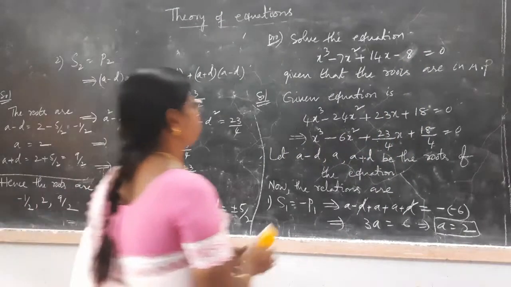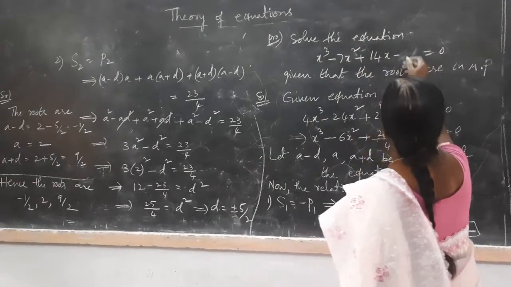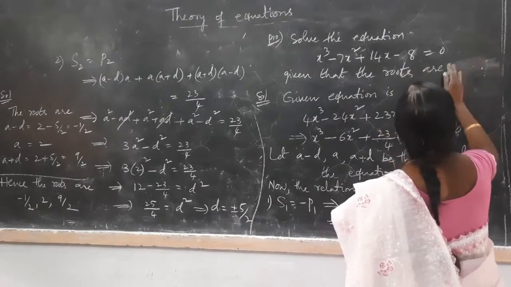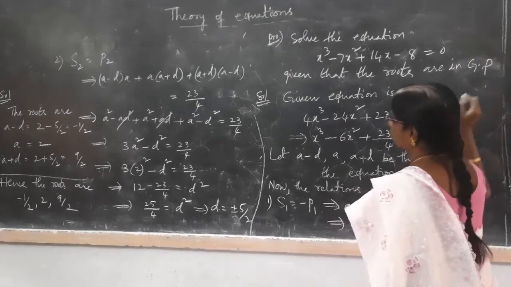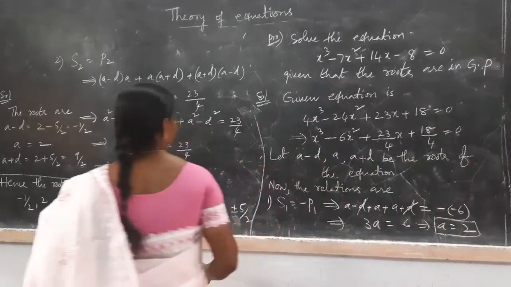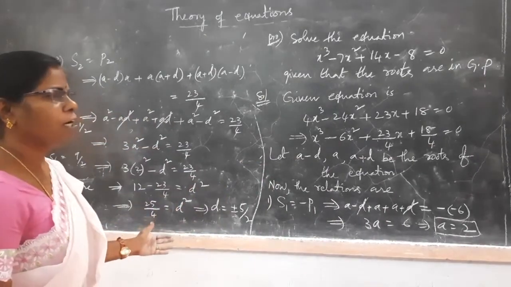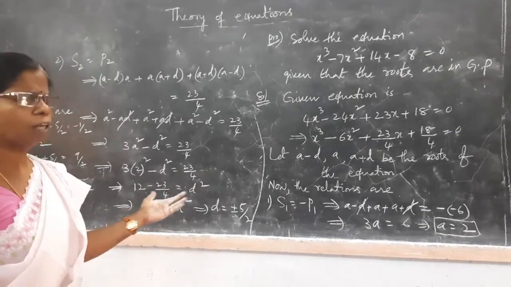Solve the equation. Observe that equation. Solve this equation, given that the roots are in GP. Okay, GP, geometric progression. You know progressions: AP is a, a plus d, a plus 2d and so on. That is AP. GP is a, ar, ar square.